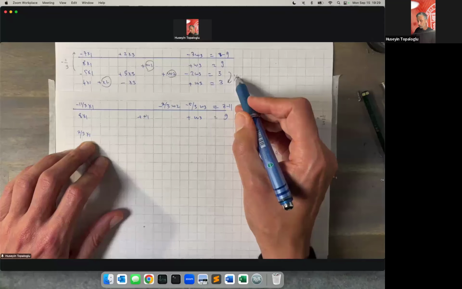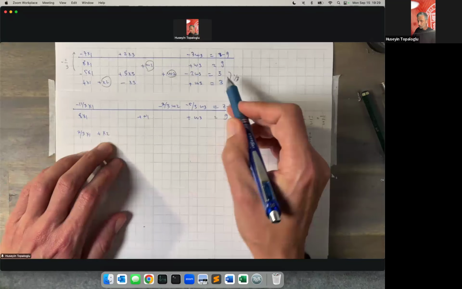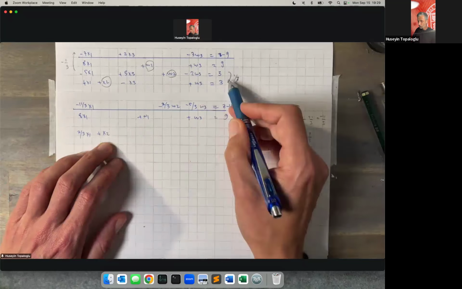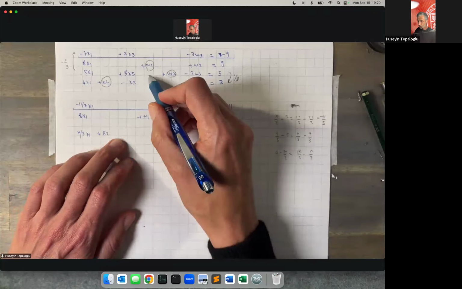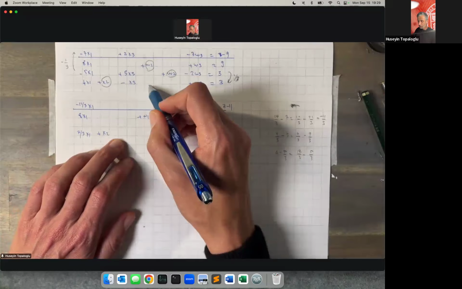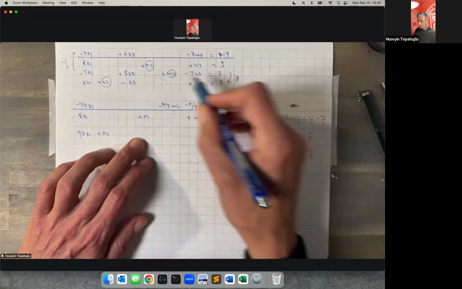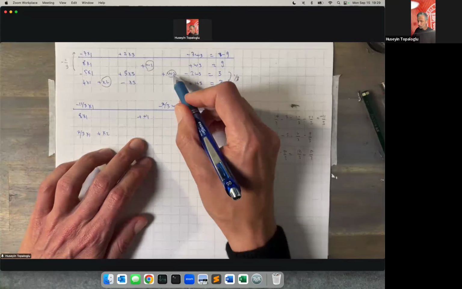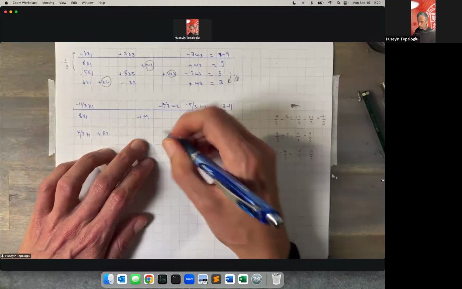0x2 times 1 over 3 is 0x2 plus another x2. That is an x2 here. 3x3 times 1 over 3 is 1x3 minus an x3. x3 disappears. That's what I'm trying to do. 0w1 times 1/3 is 0w1 plus 0w1, 0w1 here. 1/3 times w2 is 1/3 w2 plus 0w2.